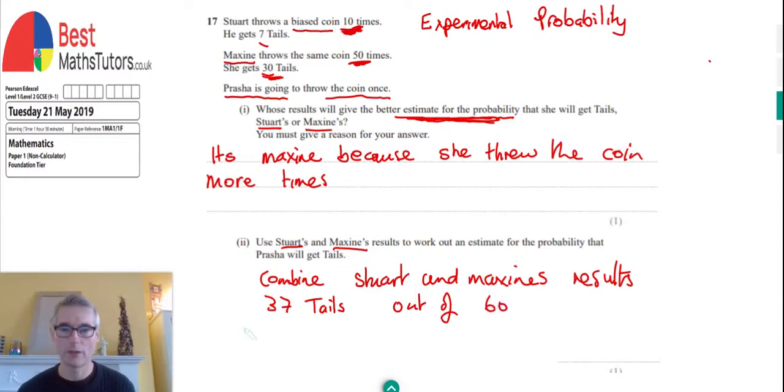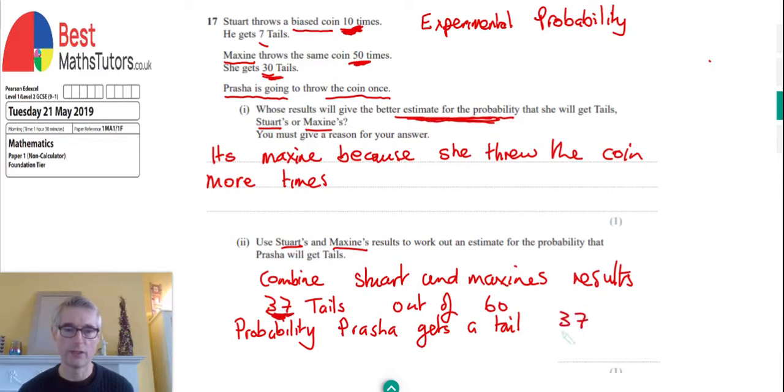So the probability that Prasha will get a tail is equal to the number of times we did get a tail, which is 37, divided by the number of goes, so we write it as a fraction, 37 over 60. And that's our answer to that one.